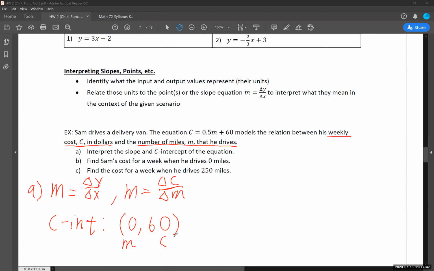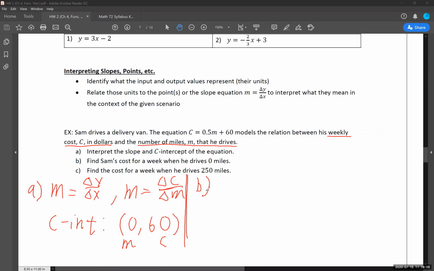So then part B is asking for us to find Sam's cost for a week when he drives 0 miles. So for part B, he drives 0 miles. Does 0 miles correspond to our C or our M value? It corresponds with our M value, the number of miles that has been driven.